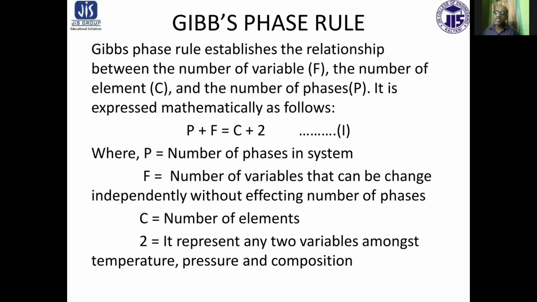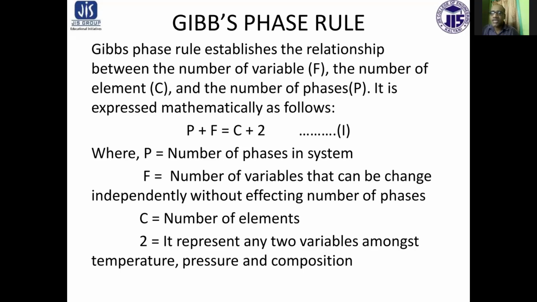Now next is the Gibbs phase rule. Gibbs phase rule establishes the relationship between the number of variables, the number of elements, and the number of phases that exist.